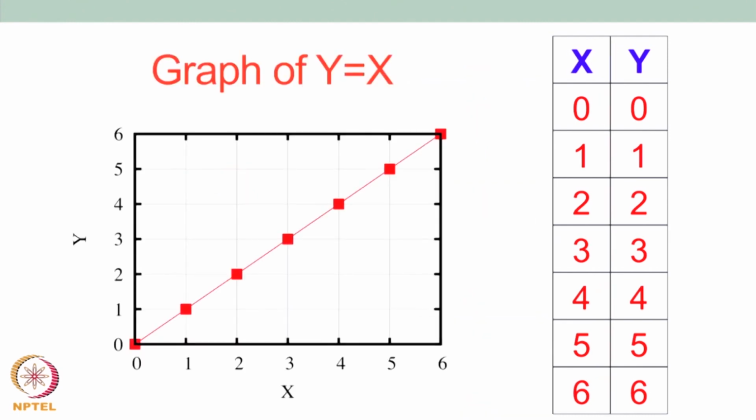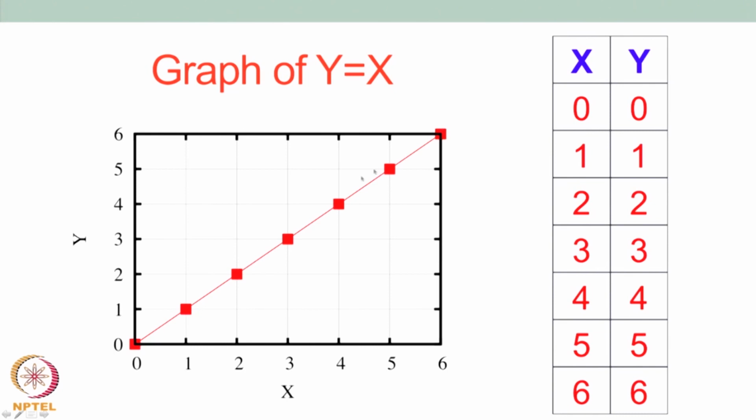If you plot y is equal to x as a graph, this would look, for example, when x value is 1, the corresponding y value is 1. When x value is 2, the corresponding y value is 2. When the x value is 3, the corresponding y value is 3. So, you put a dot there, and you all know how to plot a graph, but I am just explaining this is the simplest graph that you can think of, which is y is equal to x.